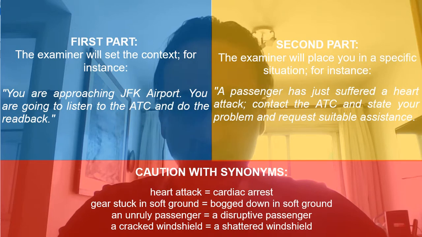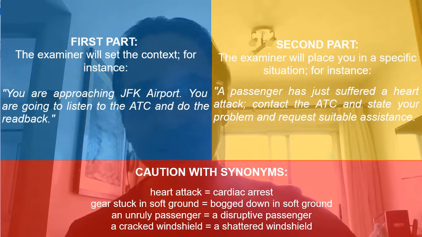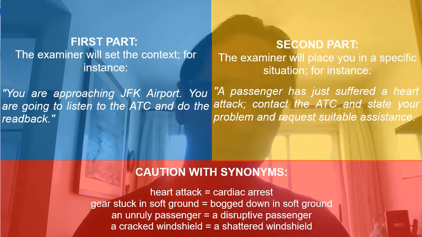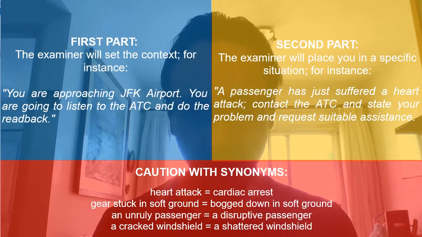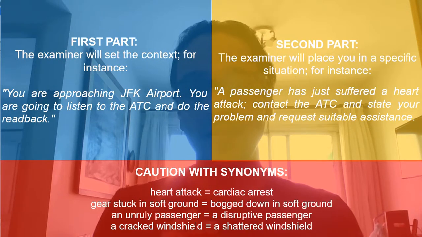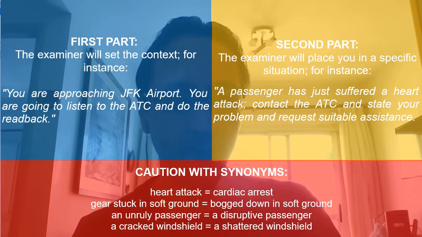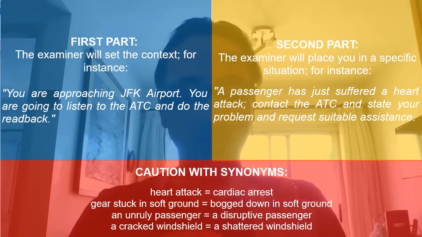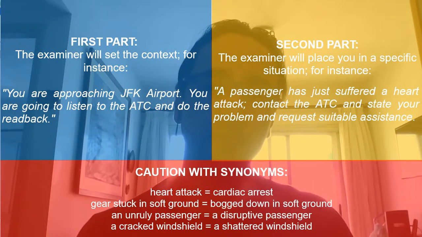For example, here, the examiner said, now a passenger has suffered a heart attack, contact the ATC, and so on. So the examiner is giving you everything to be used. It's very easy. But there are 2 situations in which the examiner will say, okay, so now you have experienced this situation, and I'll show you the situation, the picture, and using the picture, you must develop your communication, all right?